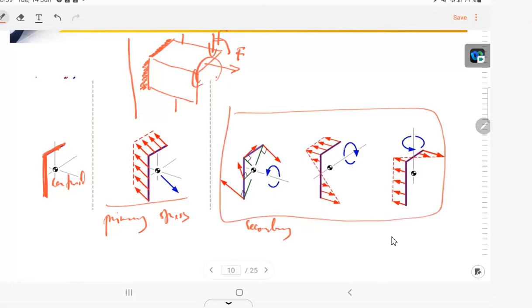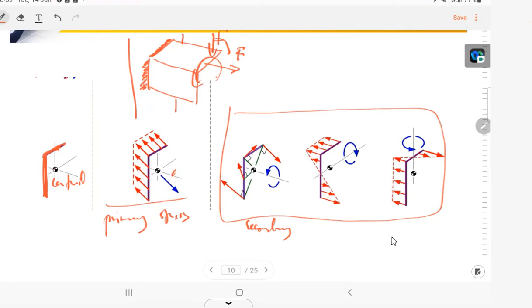So we need to identify the direction of the forces, and then identify the primary stresses and also the secondary. For the primary, we have two, either axials.